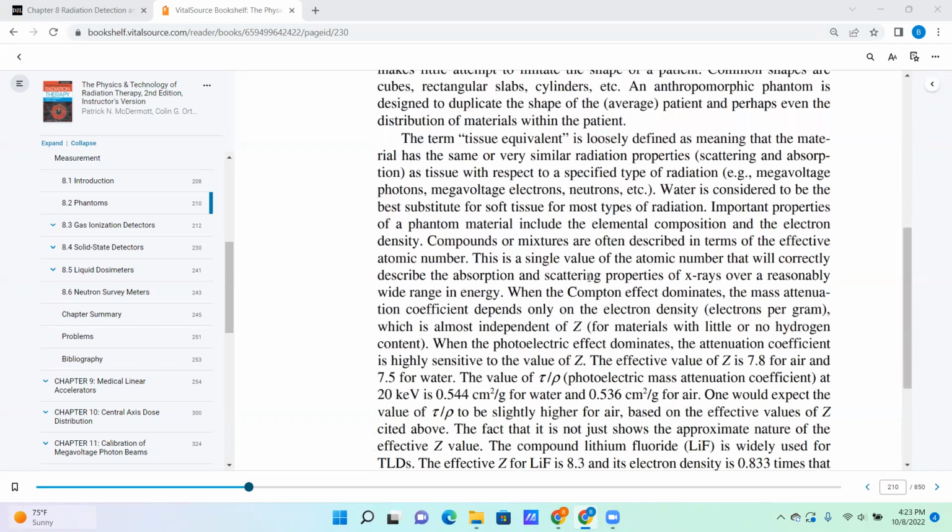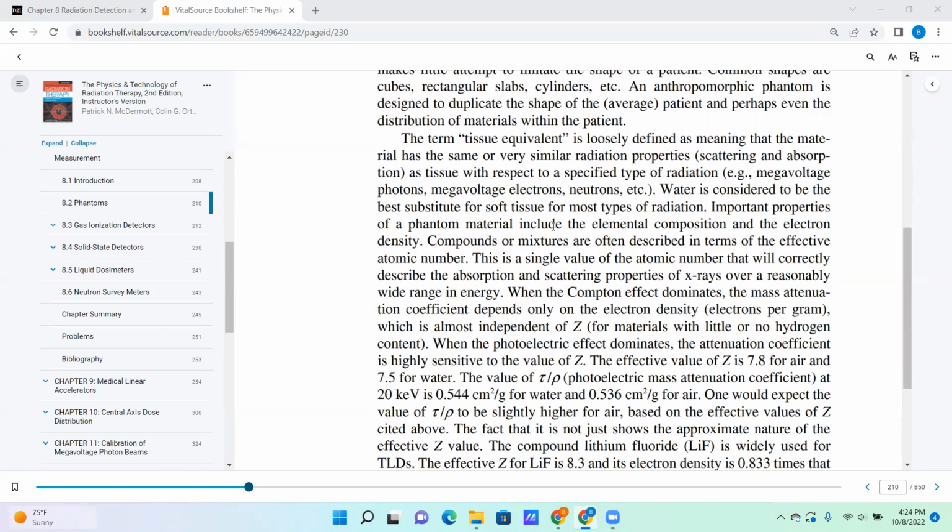So the term tissue equivalent is defined as meaning that the material has the same or very similar radiation properties as tissue with respect to a specific type of radiation. Water is considered to be the best substitute for soft tissue for most types of radiation.